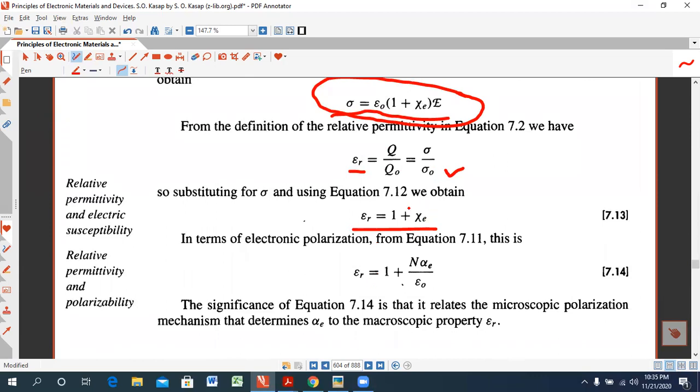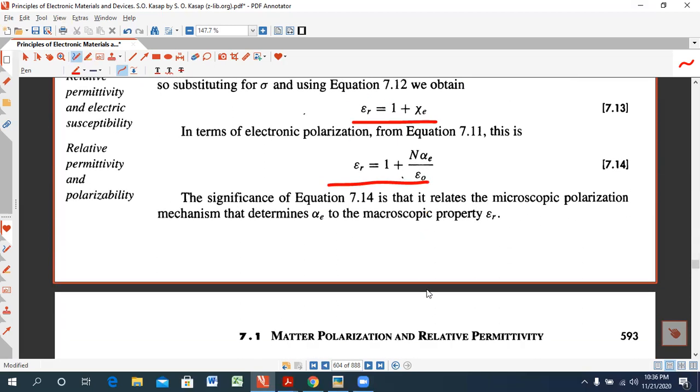So if we put the value of Xe, that is N alpha divided by epsilon naught. So there is nothing very critical, but what you have to do is remember the definitions and always remember from where they are derived, because most of the equations are very common to you.